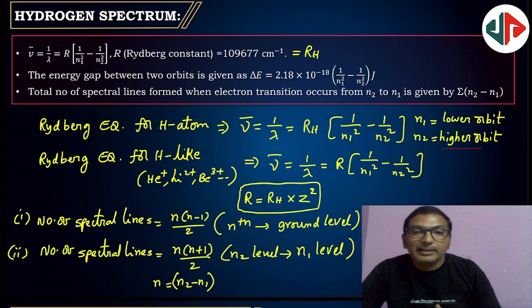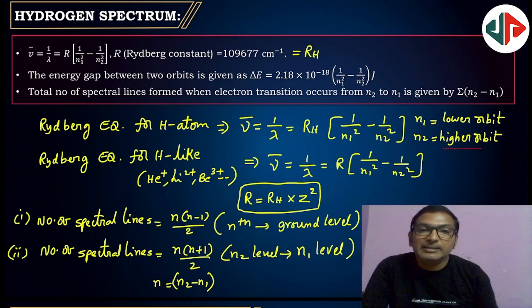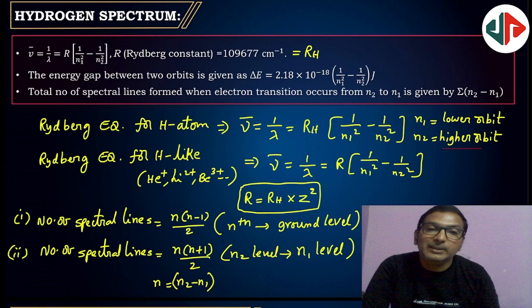So based on this, we can calculate wavelength, wave number, energy, frequency, and number of spectral lines emitted by using this formula. This topic is very, very important for competitive exams. Remember here RH value 109677 centimeters inverse, which is constant, Rydberg constant for hydrogen. For hydrogen-like species, we should multiply RH with atomic number square: R equal to RH into Z square.